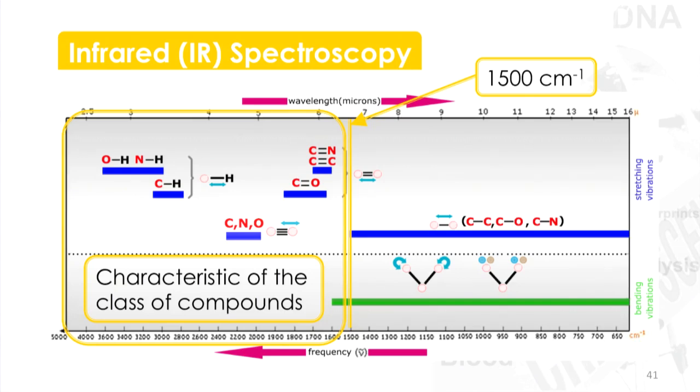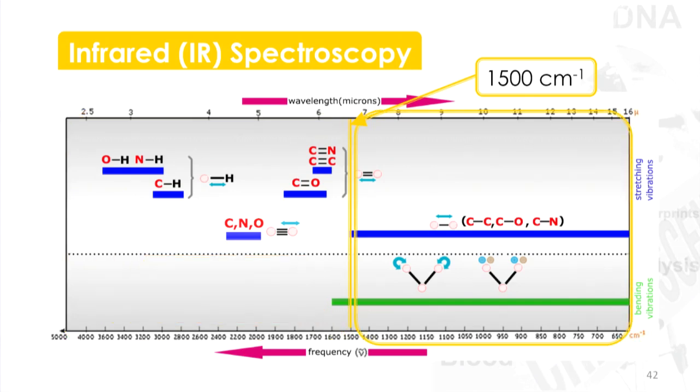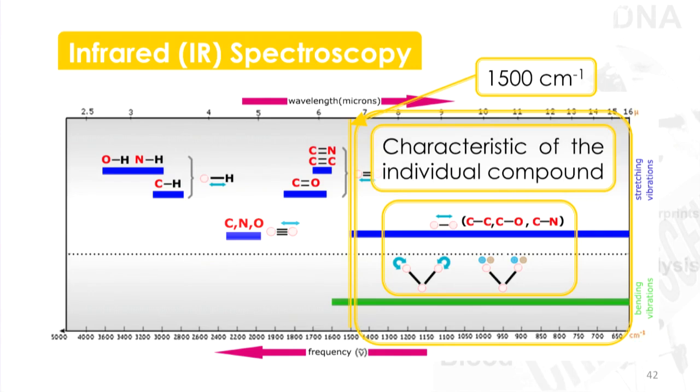That is best done on the right-hand half of the spectrum, below 1500 wave numbers. In this part of the spectrum, you have all the single bond vibrations. You have all sorts of bending modes. You also have all sorts of complex deformations. It's a very complex part of the spectrum. But this means that the spectrum you record below 1500 wave numbers is characteristic of a specific compound.